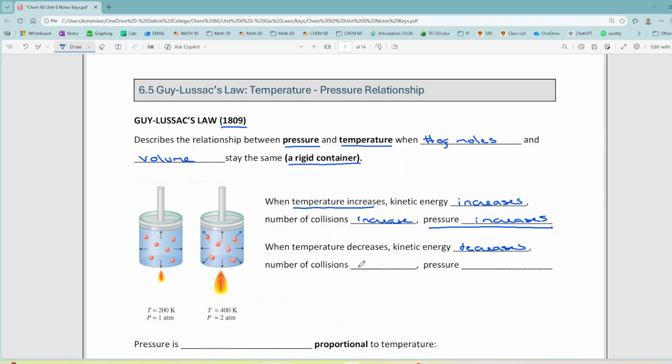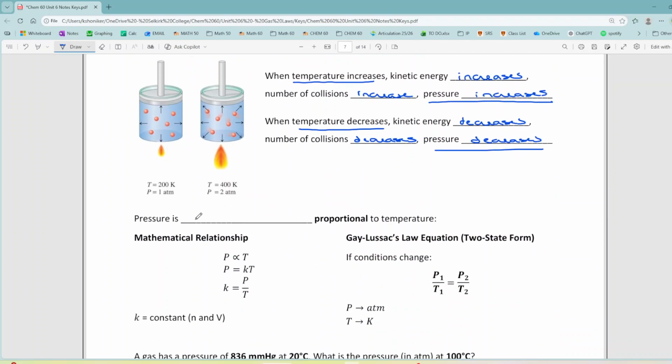So the number of collisions with the walls decreases, meaning that the pressure is going to decrease. So when the temperature decreases, the pressure decreases, and then it sucked that egg inside because it always wants to equalize its temperature. But what this shows us is that pressure is directly proportional to temperature.